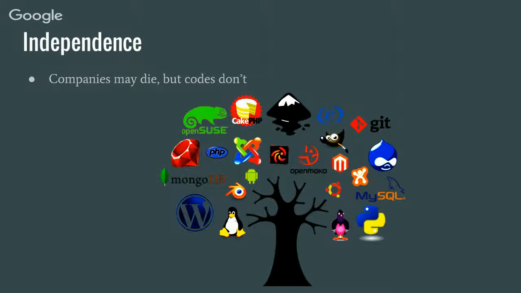So if that company dies, the code may go out there and be picked up by someone else, and then they work out the kinks and create a brand new code that is very successful. As you can see, these logos in the tree diagram show some really famous open source codes that have been picked up from dead sources. The penguin, the bottom left, is Linux. We'll talk about that later.